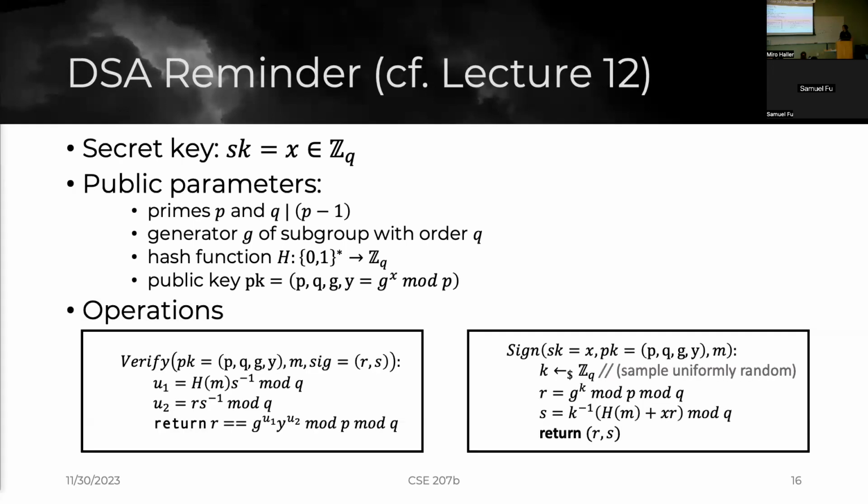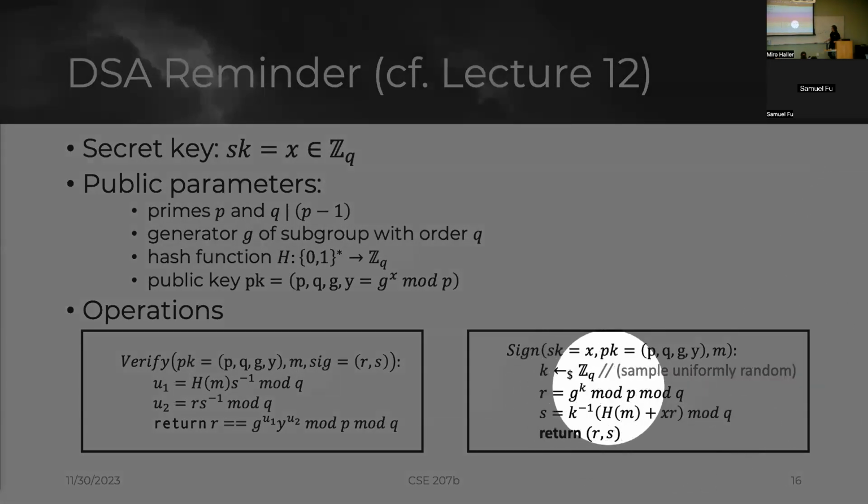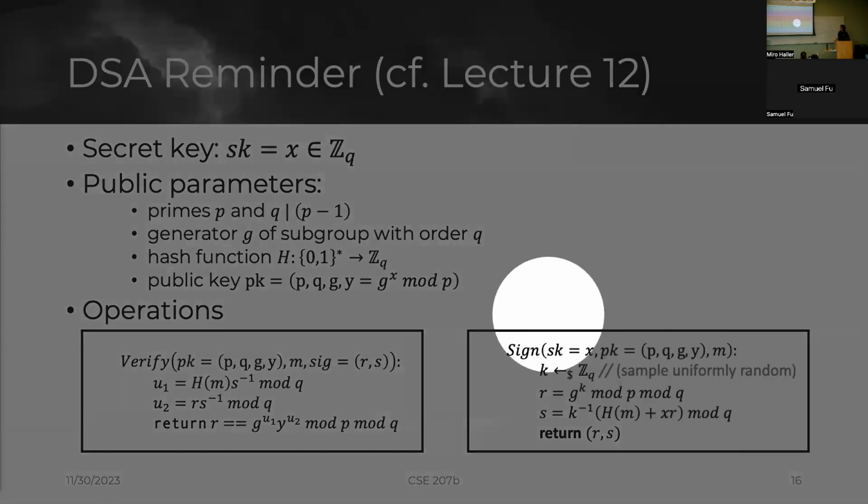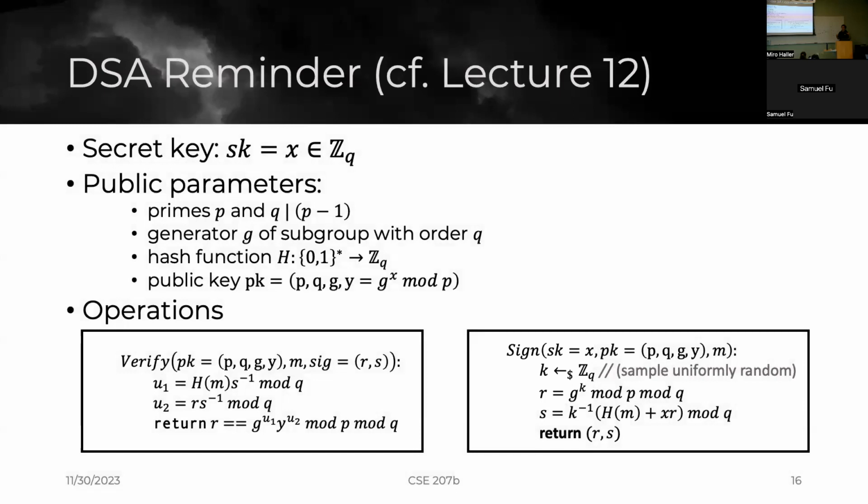So in particular, the operations are recalled here. I will repeat them later on where we need details of them. But this is the same thing as in lecture 12 already. So maybe one thing to note here is in the sign operation, there is a uniformly random value, K, that is sampled and that is used to change signatures, basically.